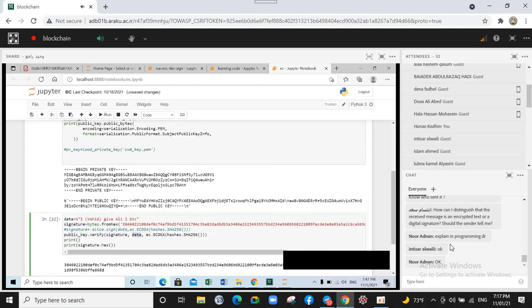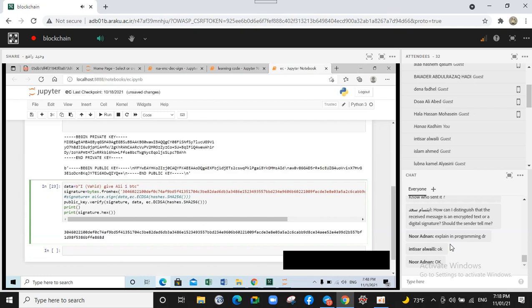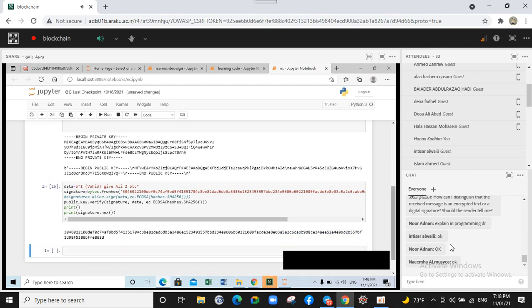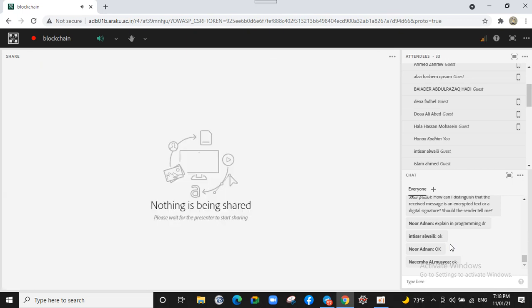I put the data here, and this command checks. But suppose that I'm cheating, changing it to just one Bitcoin. If you change it, the verification says this is an invalid signature. Again, if I correct it and run the program, everything is okay. And that's it.